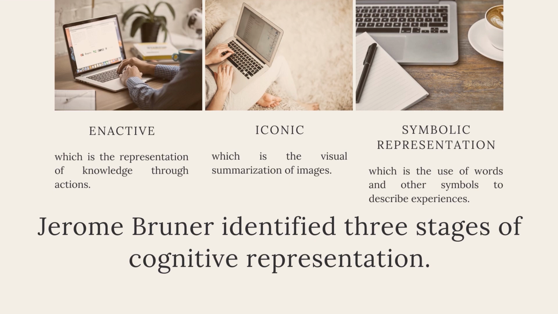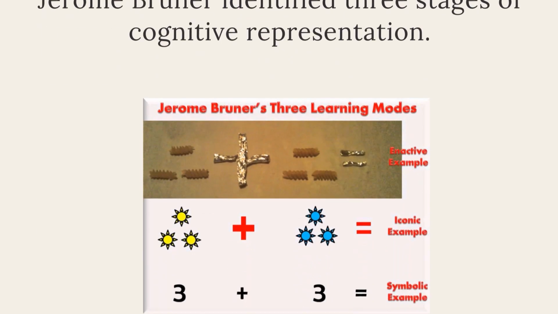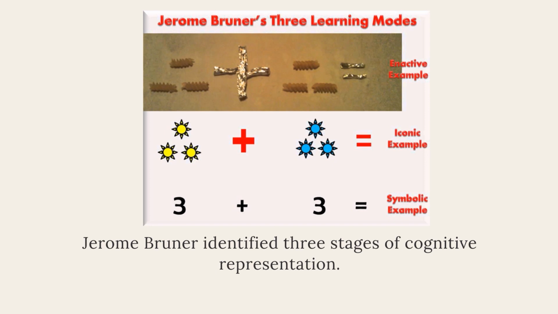Then, second, we have Jerome Bruner, who identified three stages of cognitive representations, which are inactive, iconic, and symbolic representation. In Jerome Bruner, we can see that the inactive examples are more understandable for the students because we use actually real objects, okay?